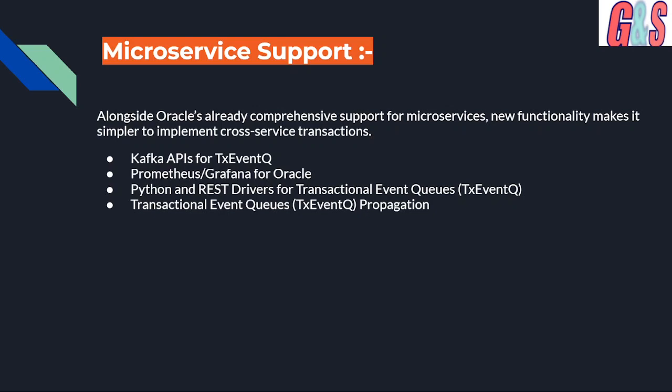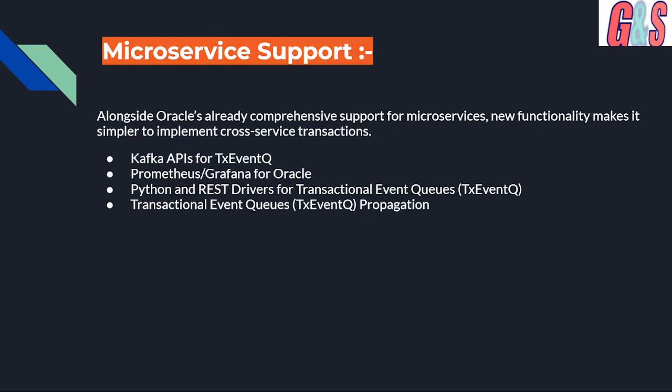This feature increases developer productivity by allowing REST API applications to take advantage of transactional event queues to handle application and data events. With the increasing popularity of Python for machine learning applications, TxEventQ in the Oracle database can now be part of the machine learning application data and events infrastructure.